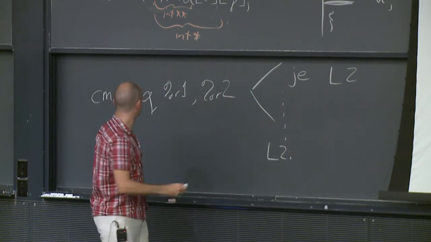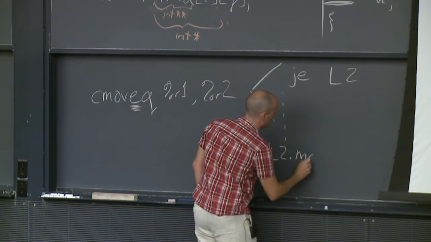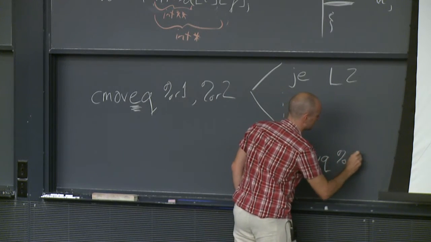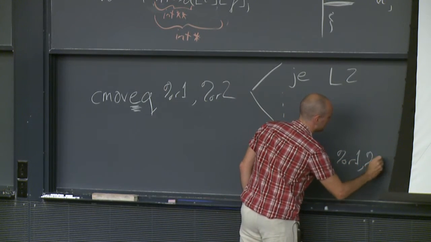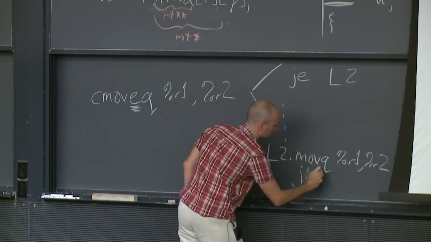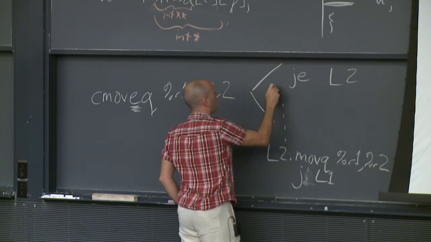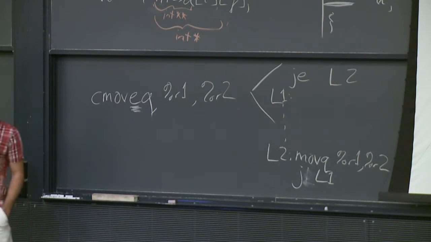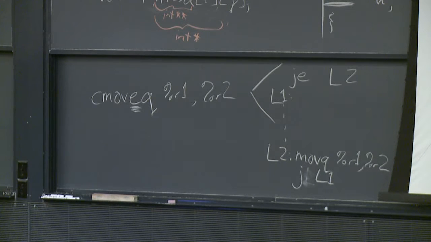In L2, we do MOVQ R1 into R2, and then jump back to L1, where L1 is right after the JE. Okay? A more compressed way to say this would be to switch the jump condition, make that a JNE.